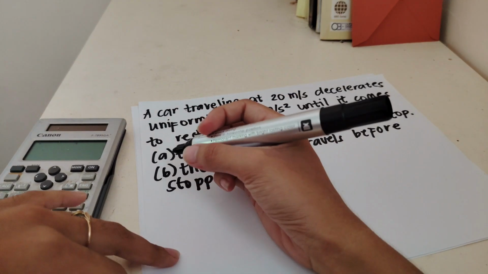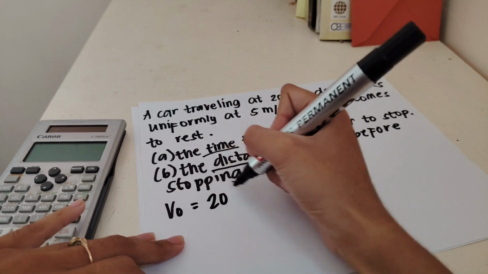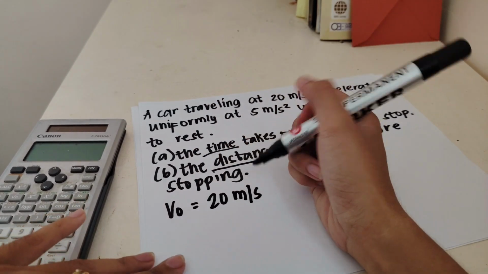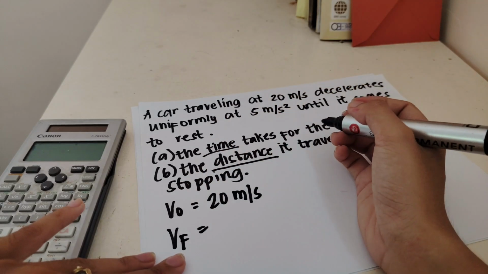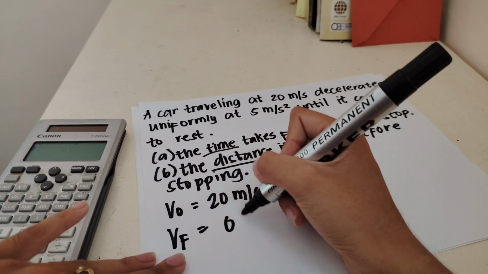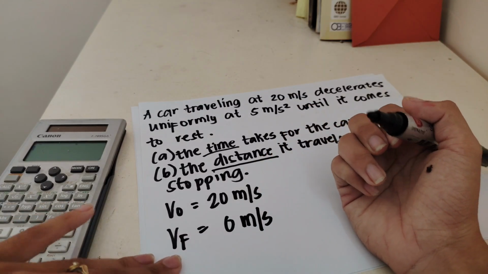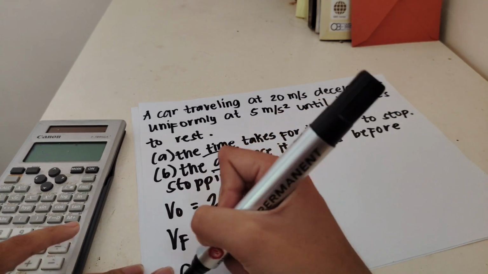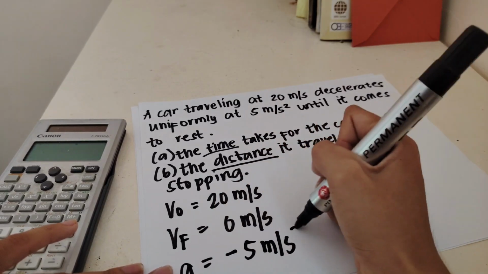So the given data, we have initial velocity of 20 meter per second. And then the final velocity of 0 meter per second, since it will decelerate.